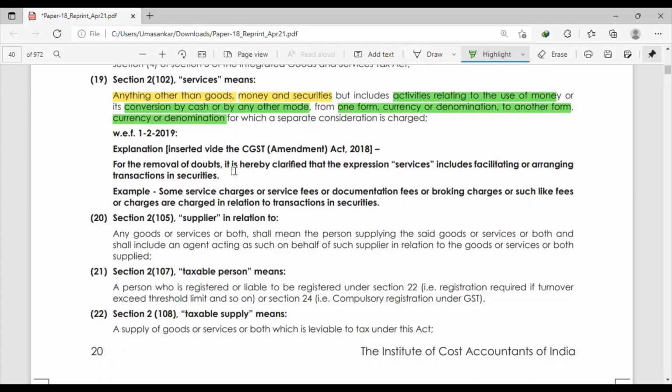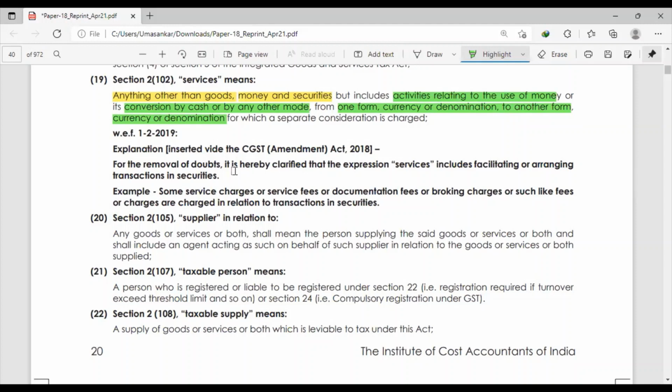Suppose you have rupees currency, now you want dollar currency. So in foreign exchange, you are converting from one form of currency to another. This service is called conversion by cash or any other mode. This will be considered as a service.